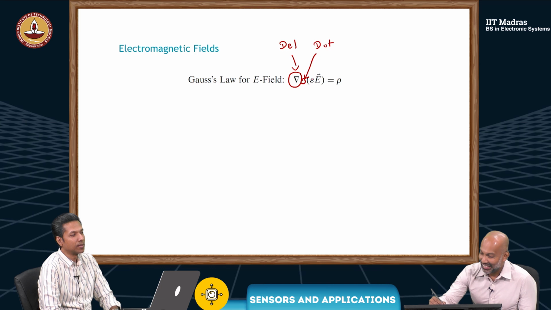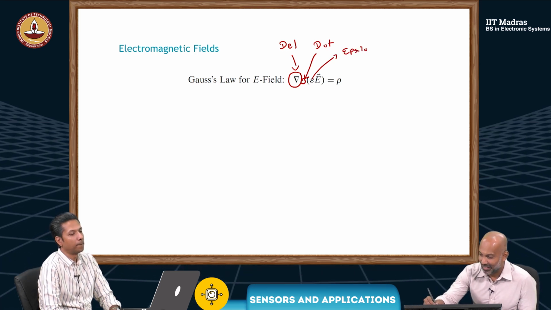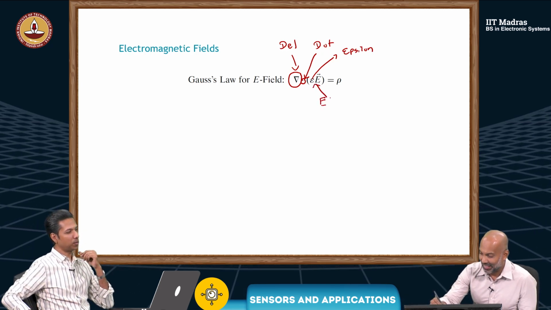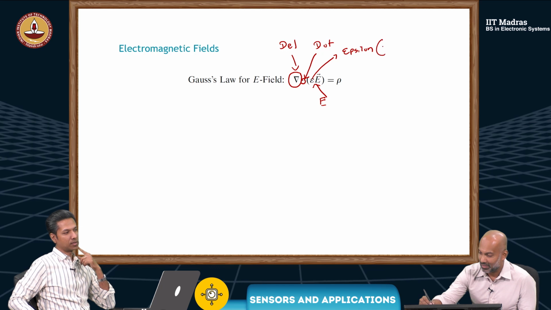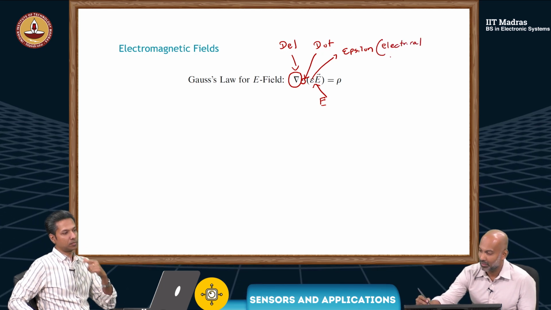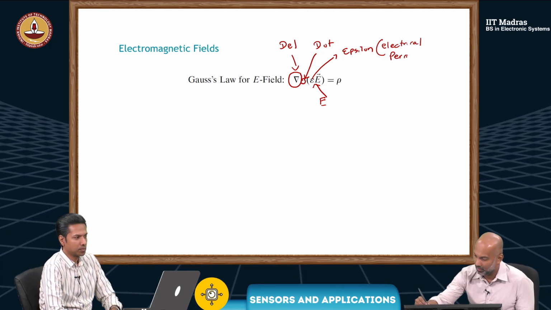Then we have epsilon. What is that? Epsilon is electrical permittivity, or dielectric permittivity, and we'll talk about that in a bit.